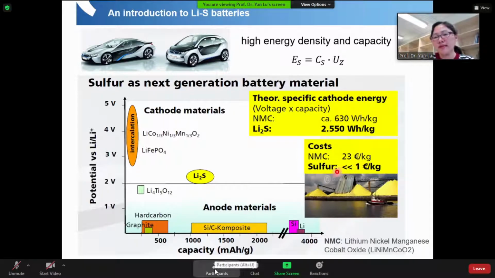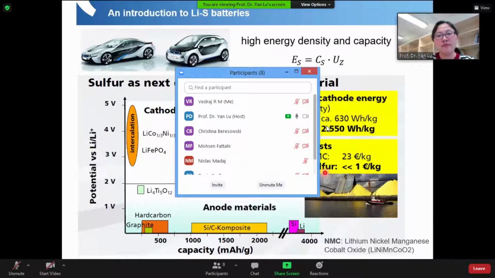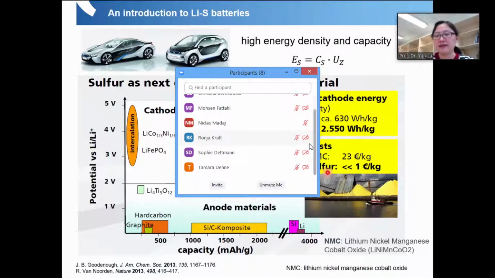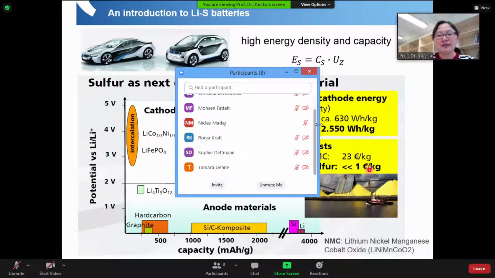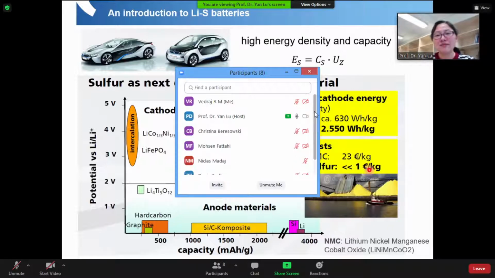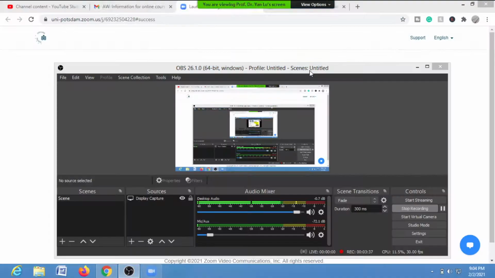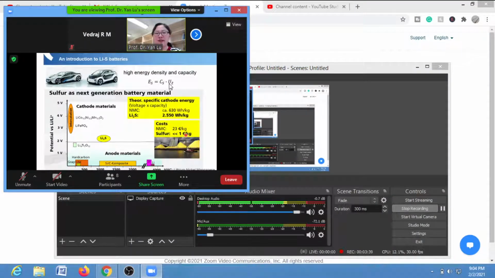However, sulfur is often a byproduct of industry products. So the price for sulfur is really very low. It's less than €1 per kilogram. So it's a huge difference. This is also the reason why researchers think lithium sulfur will be one of the most promising candidates for the next generation battery system.